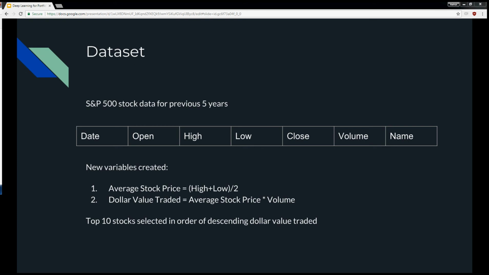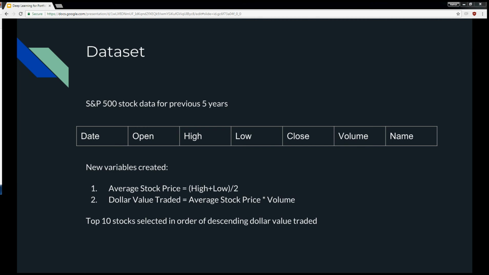In this case there's a correlation between the closing price and the open price, as the closing price of one day would affect the open price of the next day. To select our data, we created two new variables. That was the average stock price, a mean of the high and low of a stock on that day, and then we calculated the average dollar value traded by multiplying it with volume. Volume is necessary in this case because the higher the volume, the lower the risk, because it reduces variability in the market.